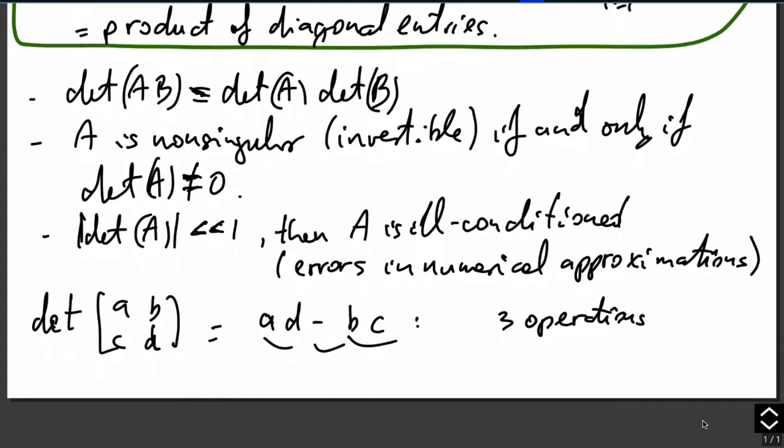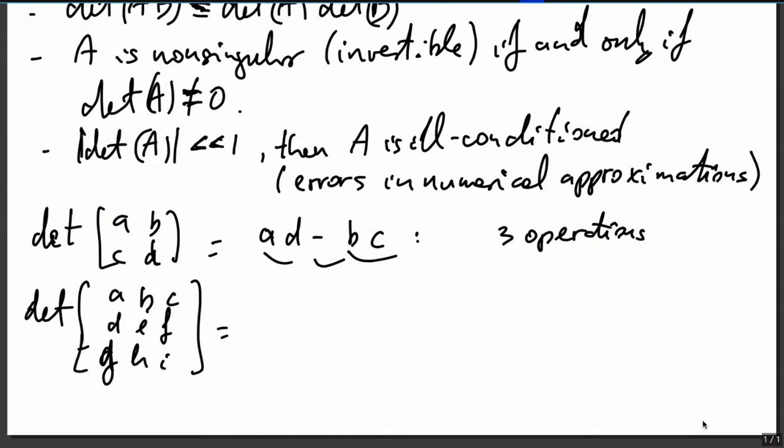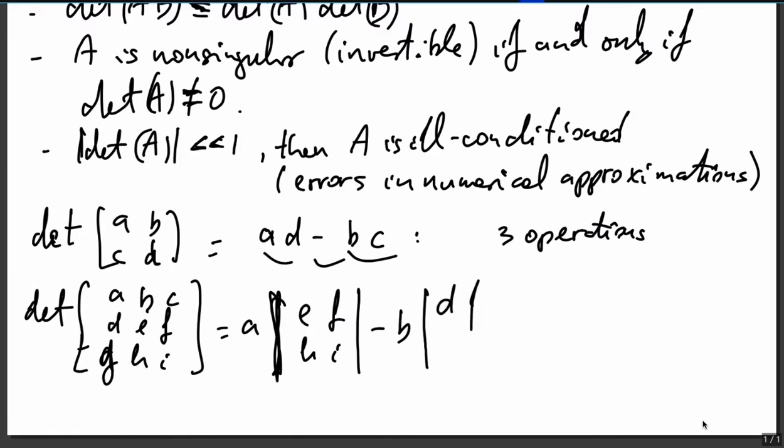Then if you look at the determinant calculation for a 3x3 matrix, this is A times the determinant of EF HI minus B times the determinant of DF GI plus C times the determinant DE GH, if we use the first row to expand.